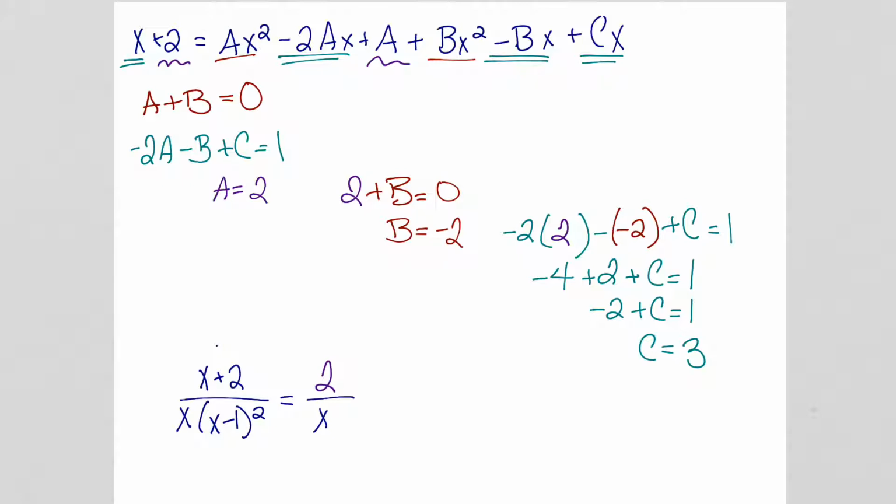Then we've got b is negative 2, so we'll say minus 2 over x minus 1 plus 3 over x minus 1 squared. That's our solution. Again, if we were to find a common denominator, multiply, add them back together, we would get back to x plus 2 over x times x minus 1 squared.